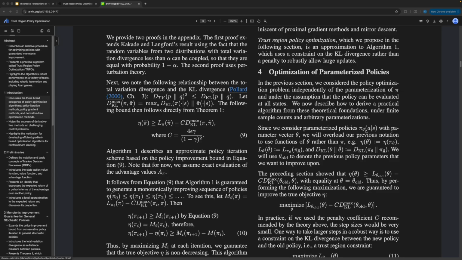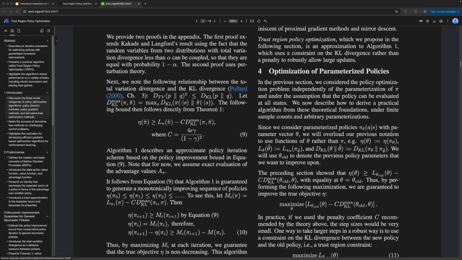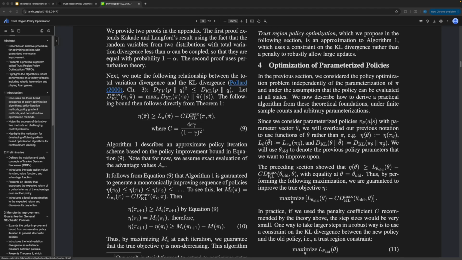For example, these can be the weights of a neural network, or the exact variables that define this policy. There are some notations used in the paper. So eta of pi theta is just written as eta of theta, and the dKL between policy pi theta old and pi theta tilde is just written as dKL of theta old, theta tilde.